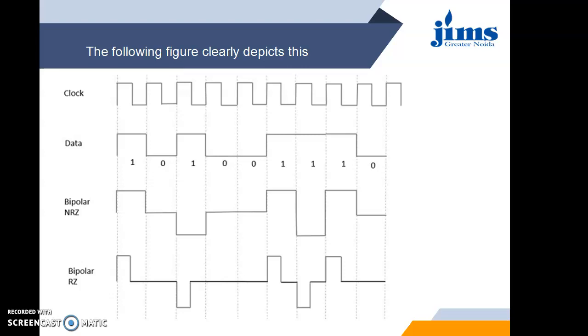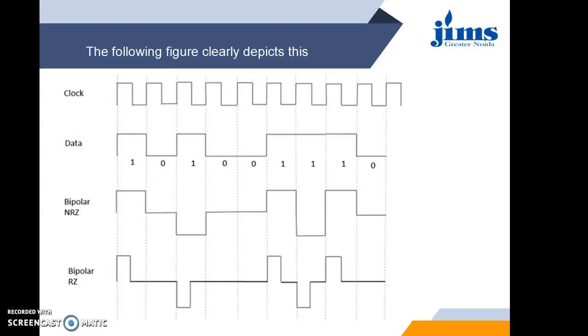In this technique, if the ones are coming alternately, like the first one, then a second one, a third one and a fourth one, then for the first one the voltage is taken as positive, for the next one it will be negative, for the third one again positive, and for the fourth one again negative. This way there is an alternate marking of positive and negative voltages for the alternate ones in the data bank.